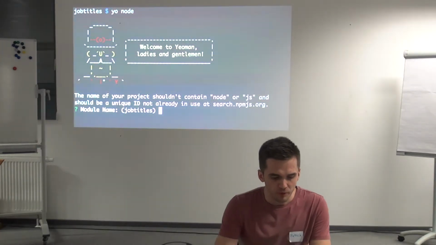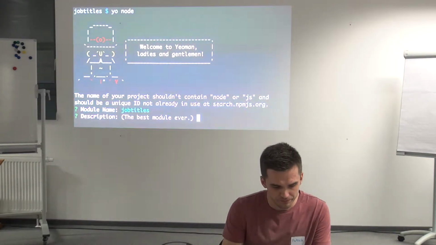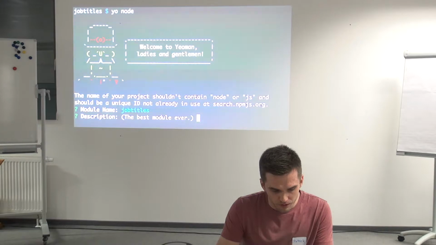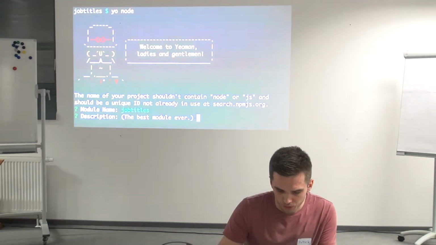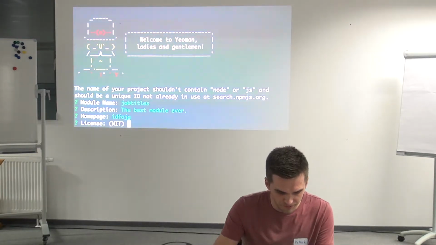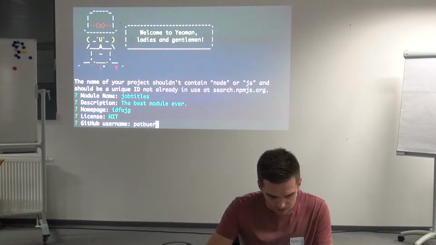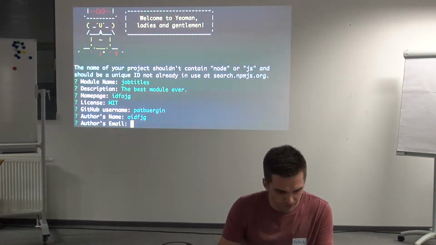And there we have this prompt again. And it asks us for a module name, job-titles is fine. Description, that sounds good as well. Homepage, well, license MIT, GitHub username, author's name.